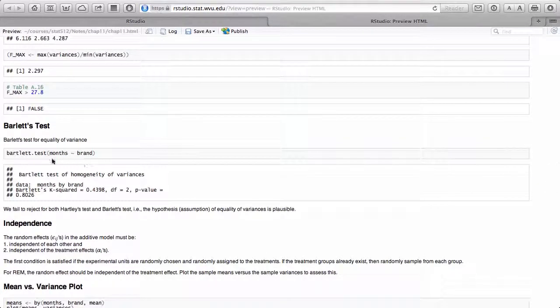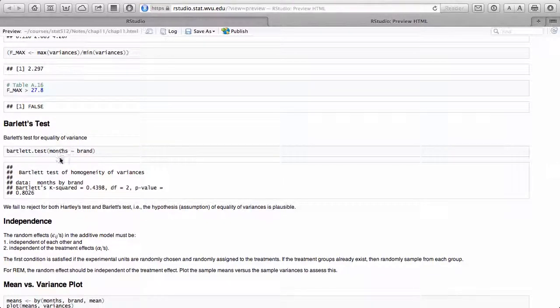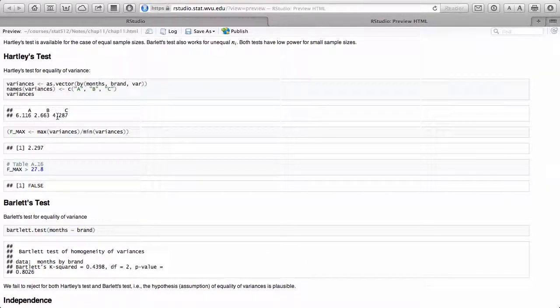So we can just do that bartlett.test. We give the same model, month tilde brand, and it will do Bartlett's test. And you can see that the p-value is 0.8. It doesn't even come close. But if you look at the variances, it appears like there are some differences. I compute them up here, and you can see they go from 2.66 up to 6.12.